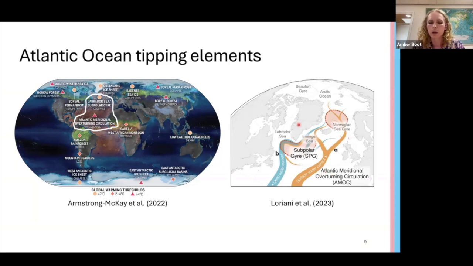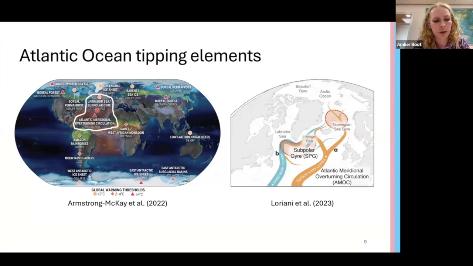And then here in the North Atlantic, we have deep water formation areas in the Nordic Seas, in the Irminger Sea, in the Labrador Sea, right, which are part of the Subpolar Gyre. And then we have a deep water current flowing southward as a return current.